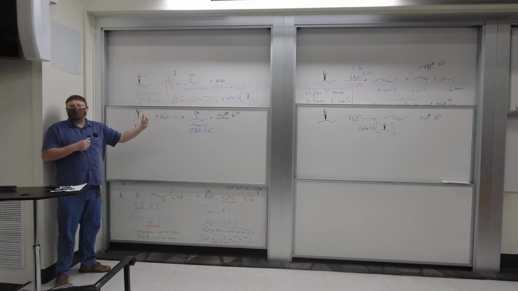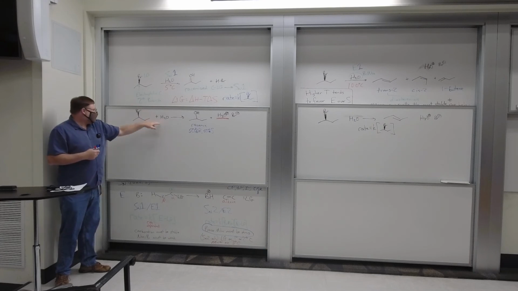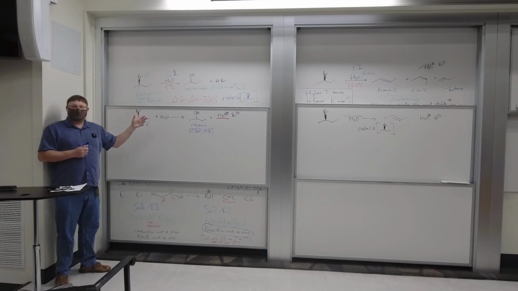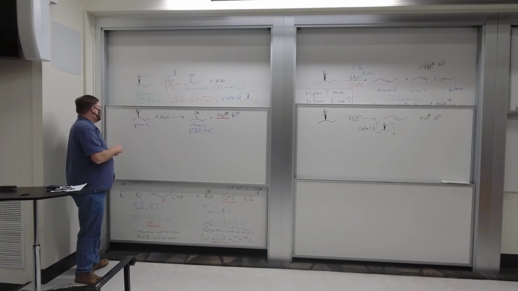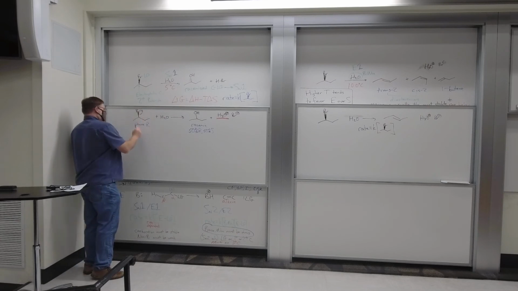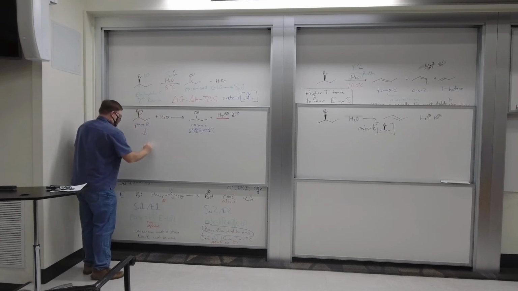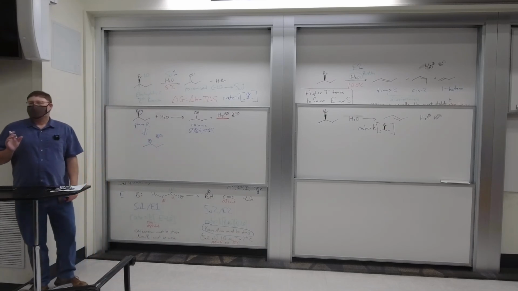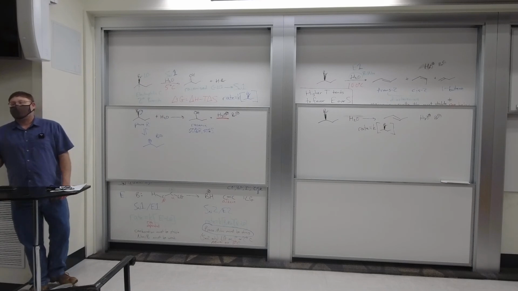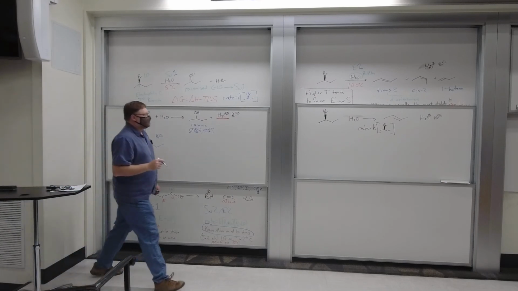Right, you'd have to break the CBr bond at the same time. Then it's just an SN2 reaction. All right, I can't make the OC bond without breaking something. All right, so what has to happen first is the bromide leaves. That gives me a carbocation and the bromide ion. And this is going to be the first step for both SN1 and E1. So the first step over here is the same.